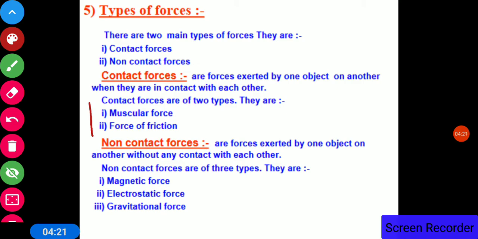A magnet can move an object at a distance. If you put an iron object in front of a magnet without touching, the iron object moves towards the magnet. So without any contact, the magnet is applying the force. Similarly, the electrostatic force and the gravitational force are non-contact forces.